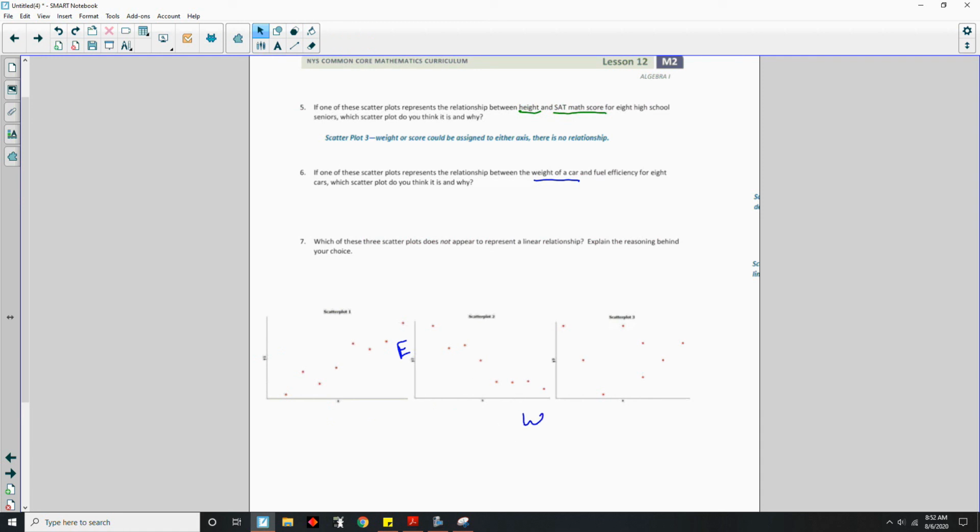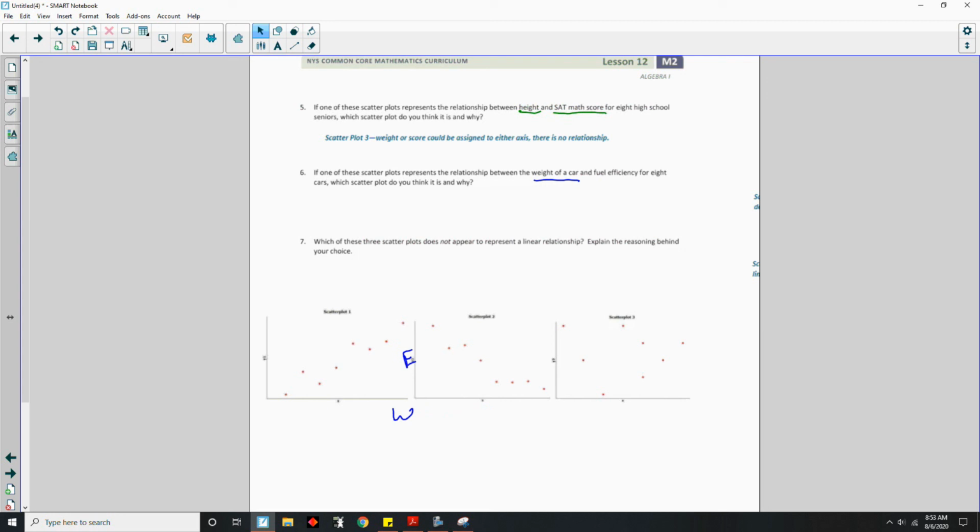Doesn't make much sense. And then if I move it over here, so as the weight decreases, fuel efficiency decreases. Well, let's think about this. Let's go back to this one. Let's put that there.